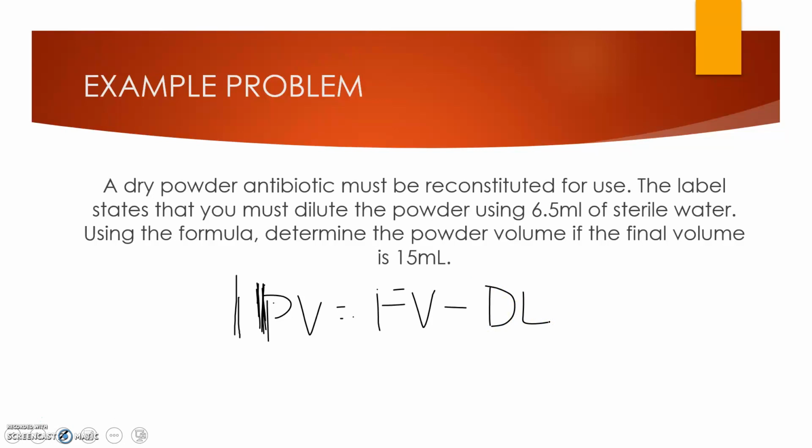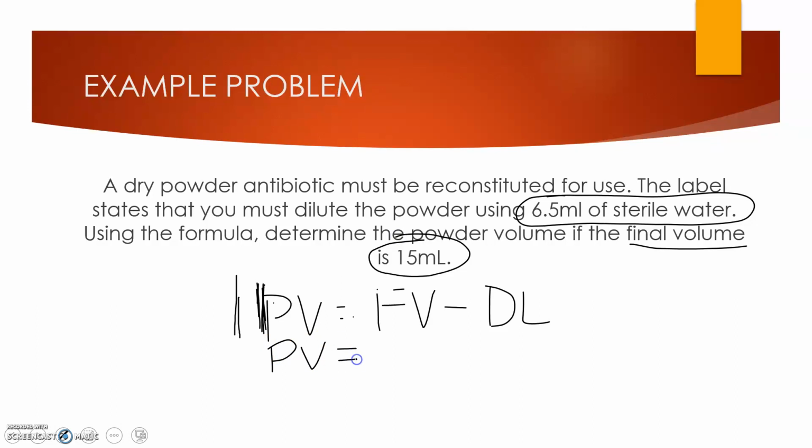So the things that we're given are how much diluent we need to add, which is 6.5 mL of sterile water, and that the final volume is 15 mL. So PV is equal to a final volume of 15 mL minus 6.5 mL.